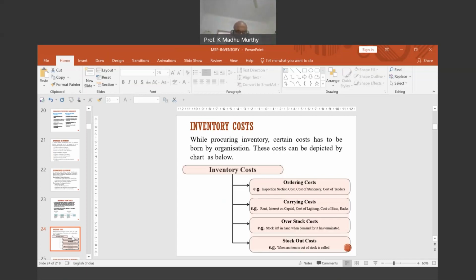It may not be possible to estimate the loss of profit during this particular period, the effect of lost customers or the penalties because of not being able to satisfy the commitments that we have made. In addition to all this, there is the damage that the image of the organization is likely to suffer. So all these are linked up with the shortage costs, and some of them are intangible as well.